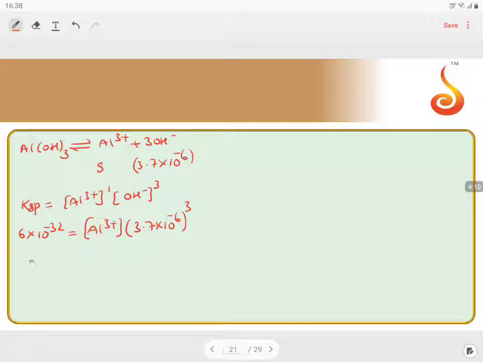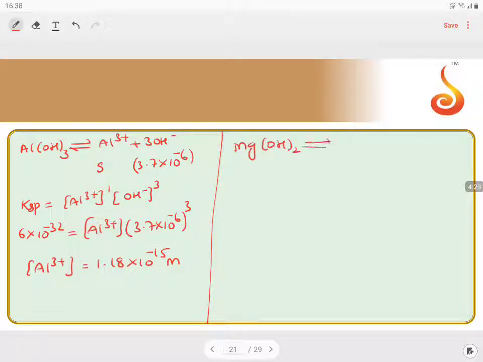So coming to this aluminum ion concentration, if you calculate, we get an answer which is 1.18 × 10^-15 molar. Same way, magnesium hydroxide can be split into Mg2+ and 2 OH minus. If this is taken as S, then OH minus will be 3.7 × 10^-6 again.